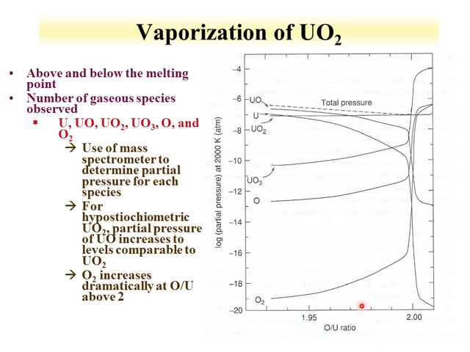And as again we see as we hit 2.00, we see this inflection. We see a change of not only the total pressure, which is shown here, total pressure jumps up above 2.0, but we also see a change of the species. And again, this is useful for determining the exact ratio of oxygen to uranium.